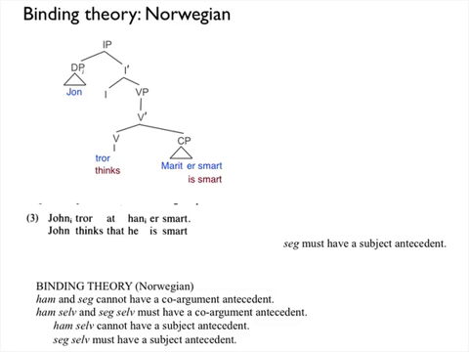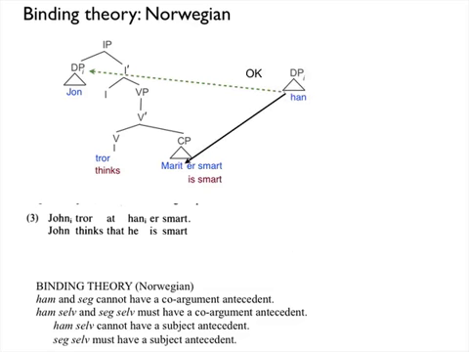So the tense clause situation is different. John thinks that Marit is smart. John thinks that seg is smart, not okay, right? John thinks that Han is smart, fine, right?